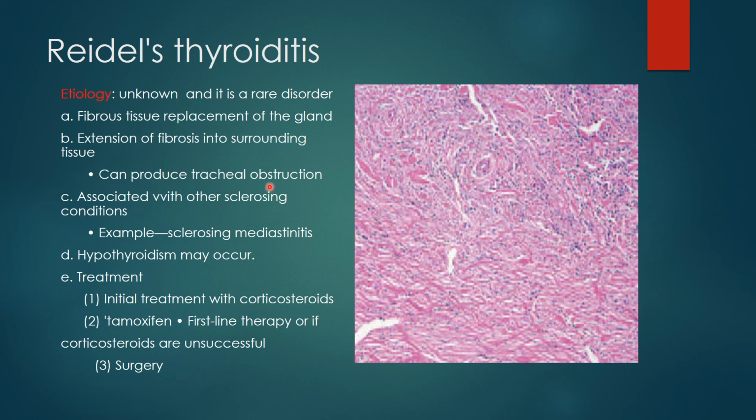This fibrous tissue may extend to the surrounding tissue and can produce tracheal obstruction. So when the thyroid gland undergoes complete fibrosis, it can spread to the surrounding area, especially the tracheal tissue, causing tracheal obstruction. It is associated with other sclerosing conditions like sclerosing mediastinitis.